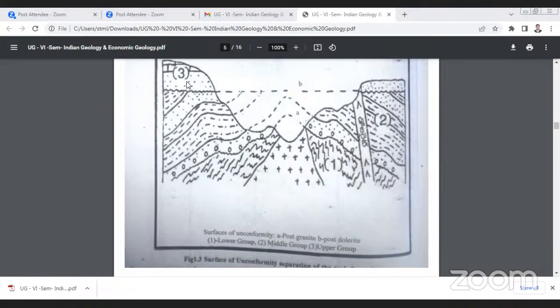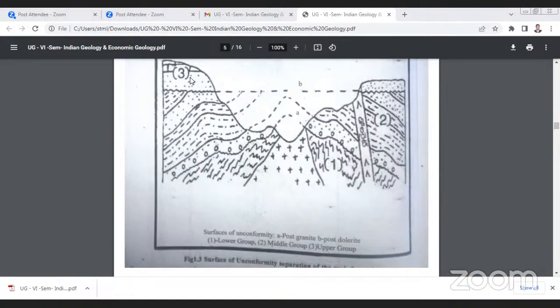It was formed later onwards, maybe after the dike formation, because dikes are younger intrusions, so these will form at a later stage.